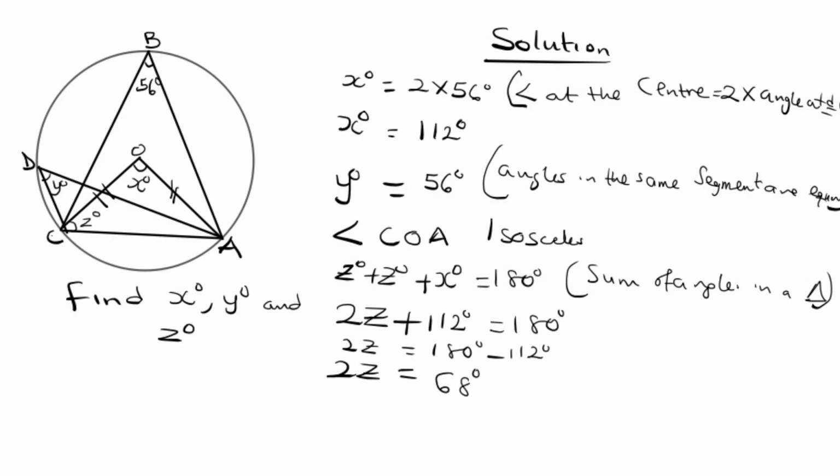Now dividing both sides by 2, z is equal to 68 divided by 2, which will give us 34 degrees. So that is the value of angle z.